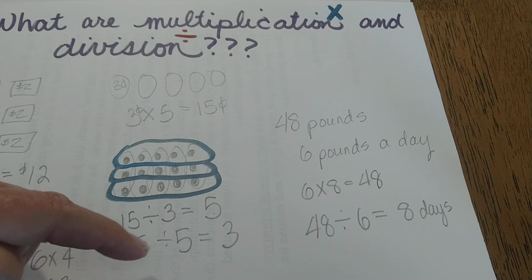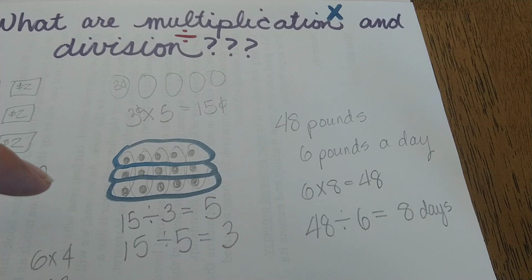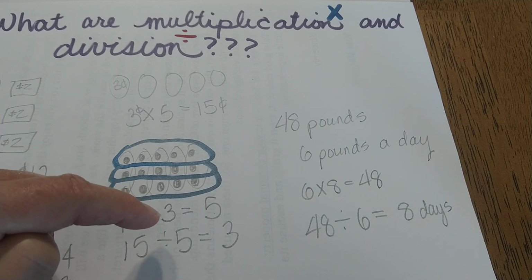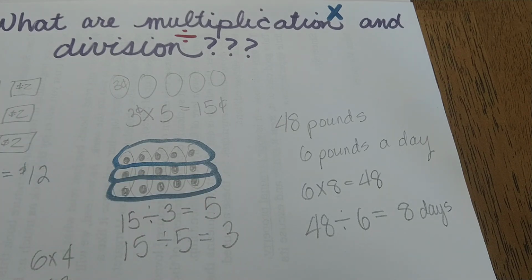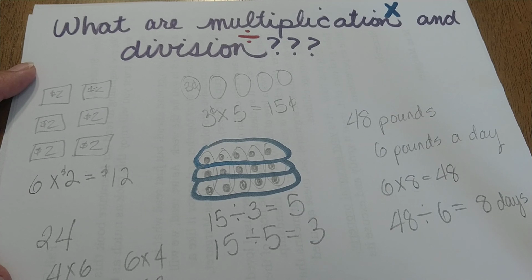You just say, well, 15 divided into 5 groups, there's going to be 3 in each group. 15 divided into 3 groups, there's going to be 5 in each group. You just know because you know your multiplication tables. So that's how to decide when to use multiplication and when to use division.